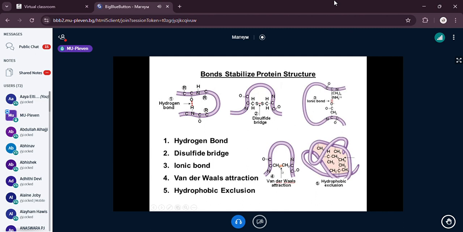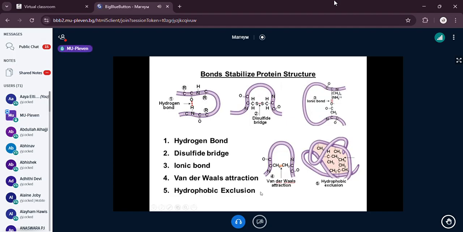bonds, van der Waals between a non-polar side chain, CH3, this is alanine amino acid, and these are amino acids such as valine, leucine.